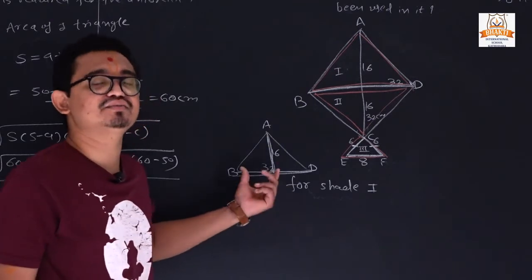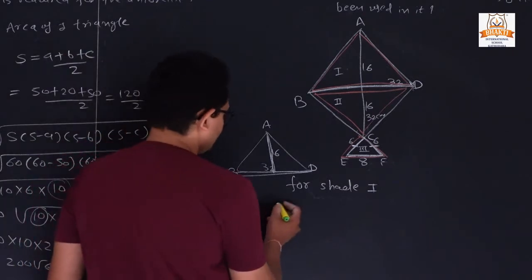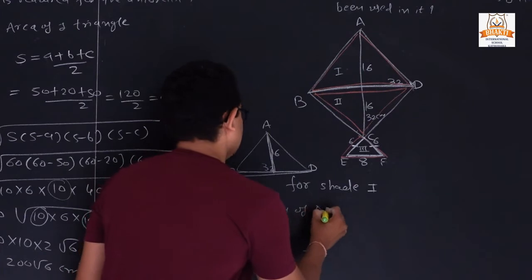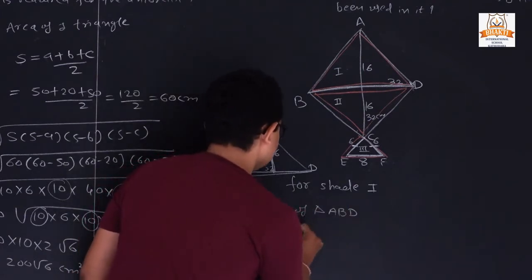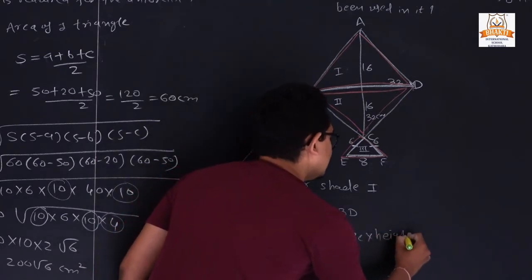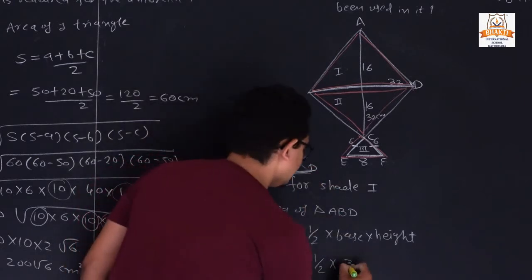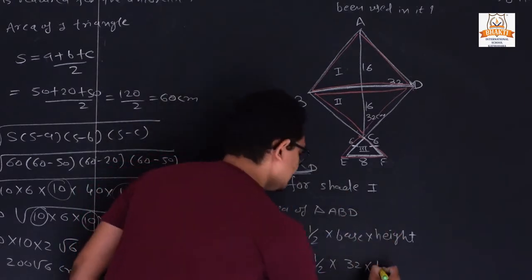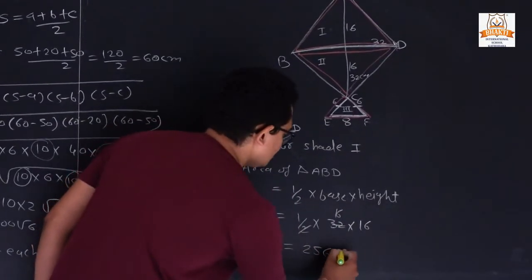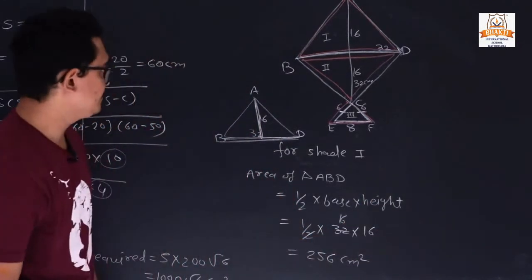Here we directly use which formula? 1 by 2 base into height. So we can write for shade 1, area of triangle ABD is equal to 1 by 2 base into height. So 1 by 2, what is base? It is 32, and what is height? 16. So 16, it is 256 centimeter square.